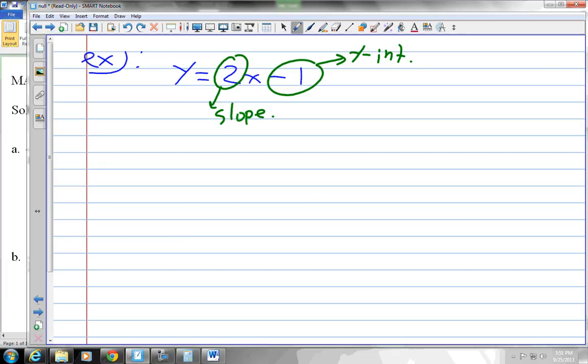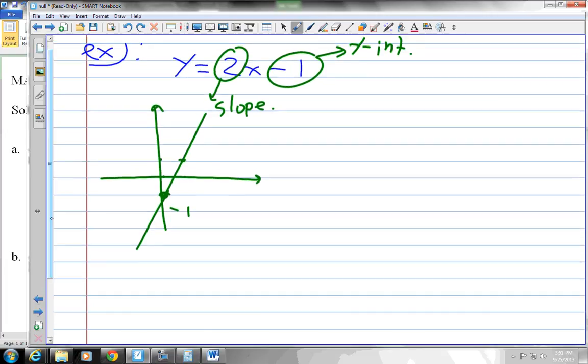Because all I need is a point and know where to go from that point. So automatically, we start at -1 on the y-axis. That's the y-intercept. And the slope is 2, which means go up 2 over 1. Here's my other point. So bam, that's the line. Fast, right? Wouldn't have to do any plugging in numbers or anything like that. No tables. Give us that fast.